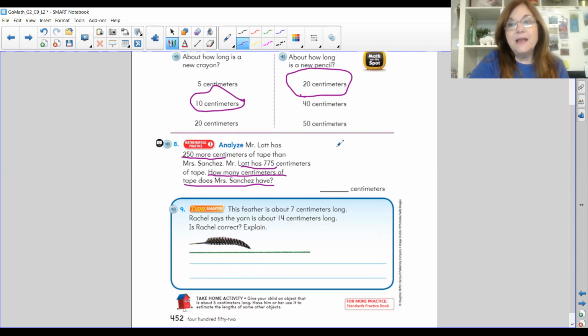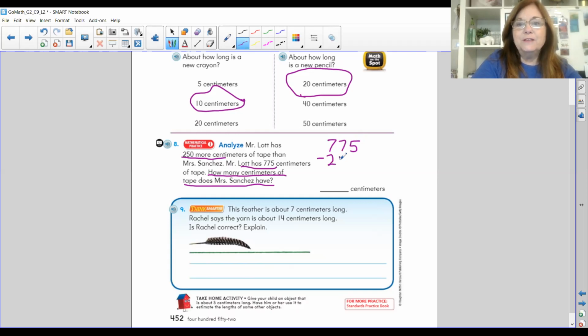So do you think it becomes an addition or a subtraction? Now, if you said subtraction, you are right. So to find out, we have to write it out here, 775 minus 250. So do your best to write that out.